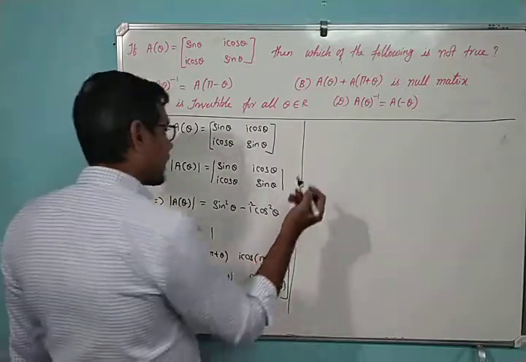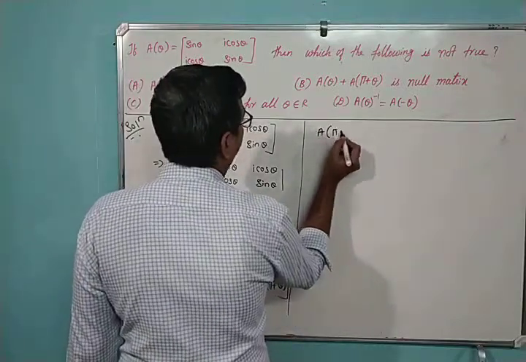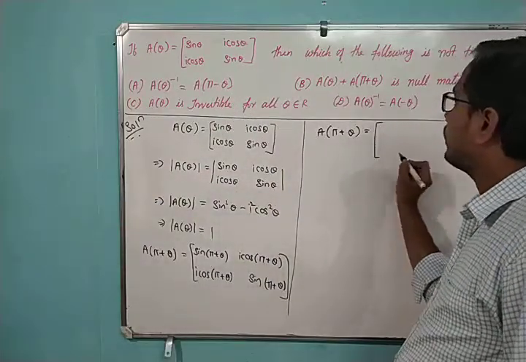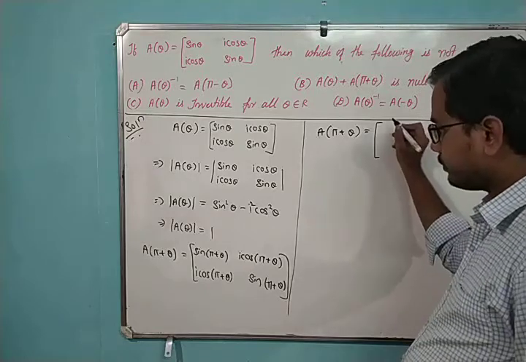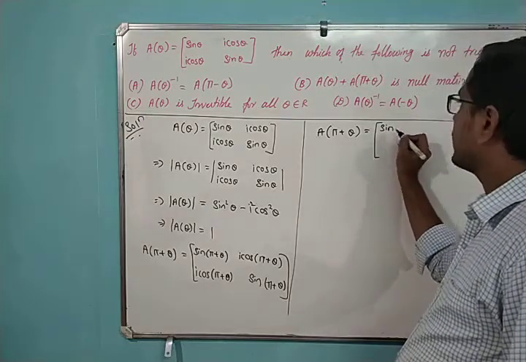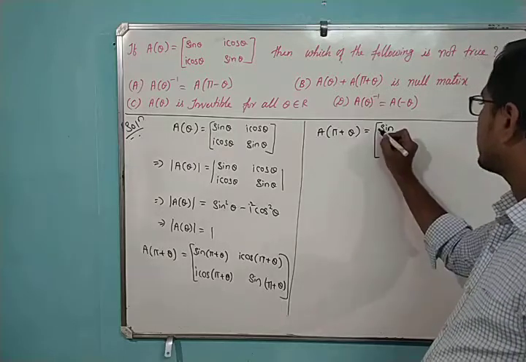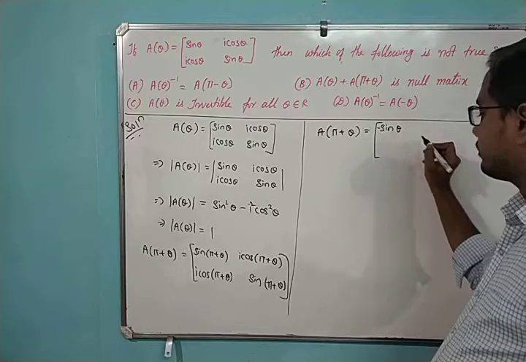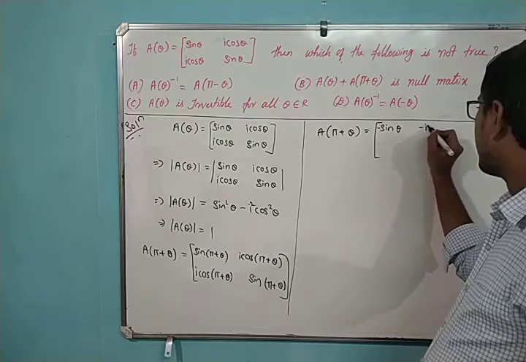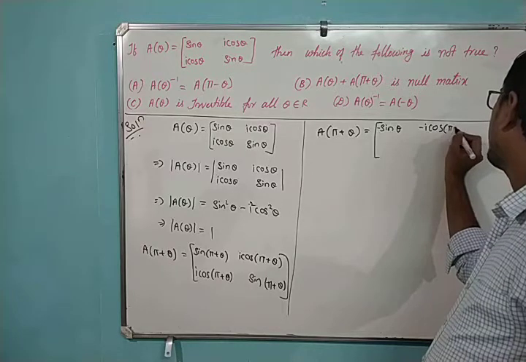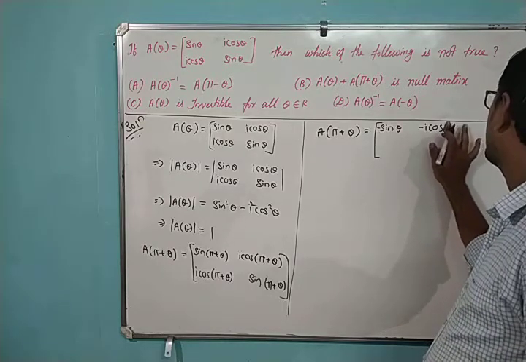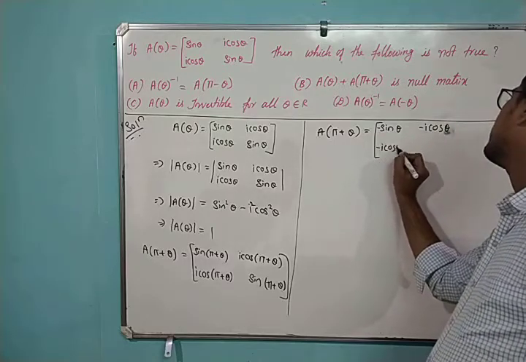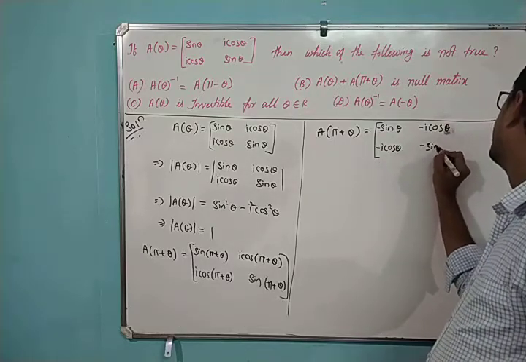Okay, so I can write A of pi plus theta as equal to [minus sin theta, minus i cos theta; minus i cos theta, minus sin theta].